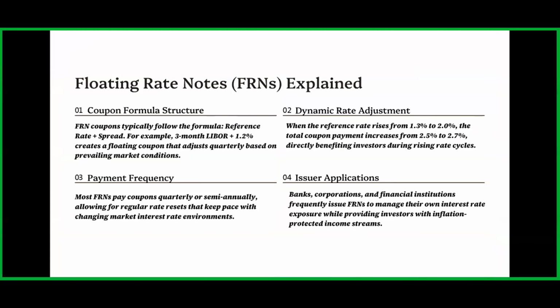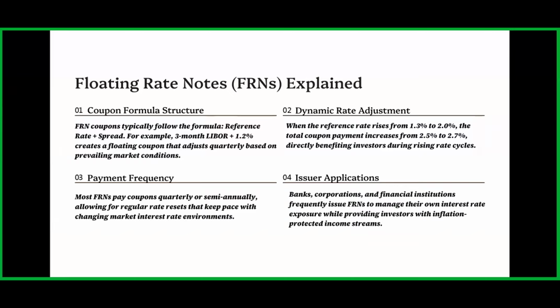If you see the coupon formula structure, that is how the rate is decided for floating rate notes. Floating rate note coupons typically follow the formula. In point number one, the coupon formula structure, that is the reference rate.